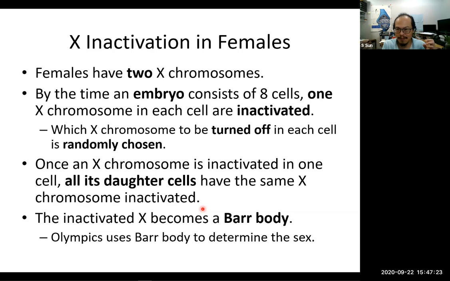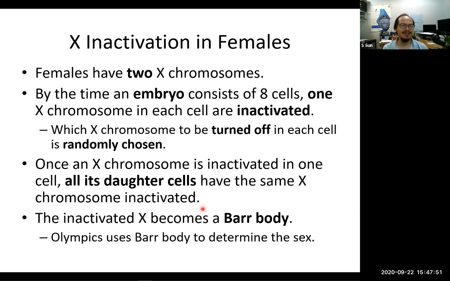It could be random, and that's called X inactivation. So that is what's going on. By the time an embryo consists of 8 cells, it's probably 16, because 1 to 2, 2 to 4, 4 to 16. There won't be 8 cells. So somewhere around that time.